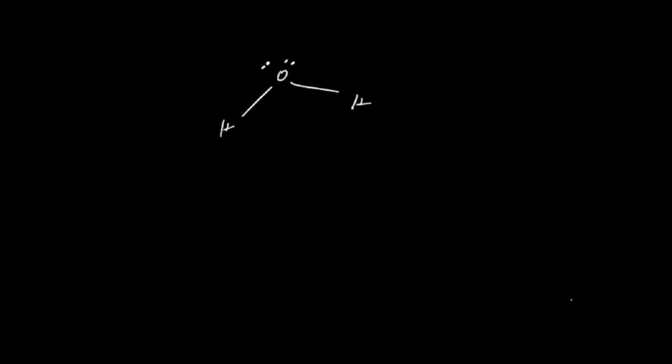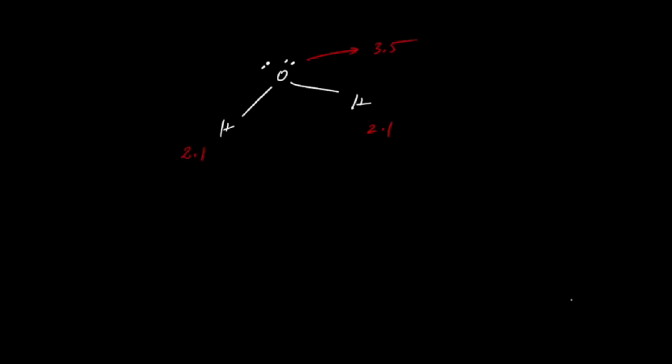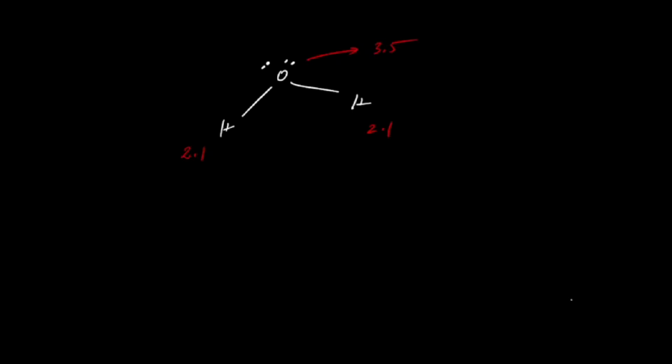Electronegativity of oxygen is 3.5, and hydrogen is 2.1. Now if I do a partition of electrons, that means I want to break the bond, and the condition is that only one of the atoms can take the electrons. Who will take the electrons? Obviously oxygen will take those electrons, because oxygen is more electronegative.